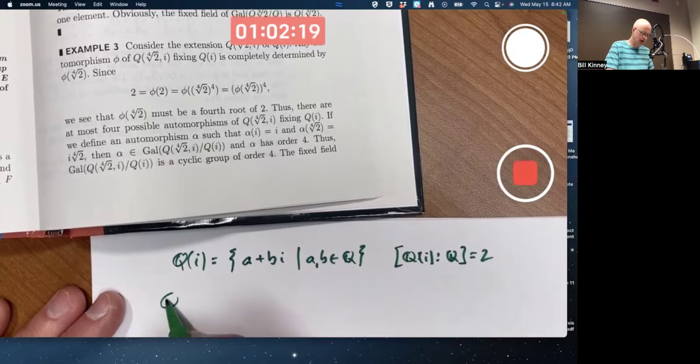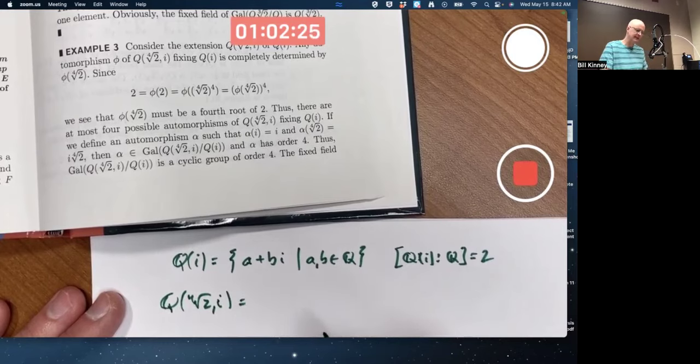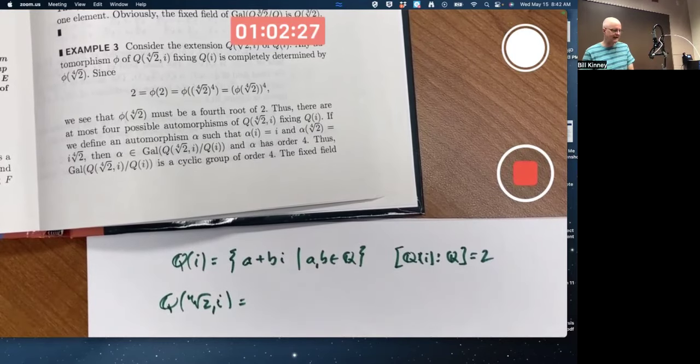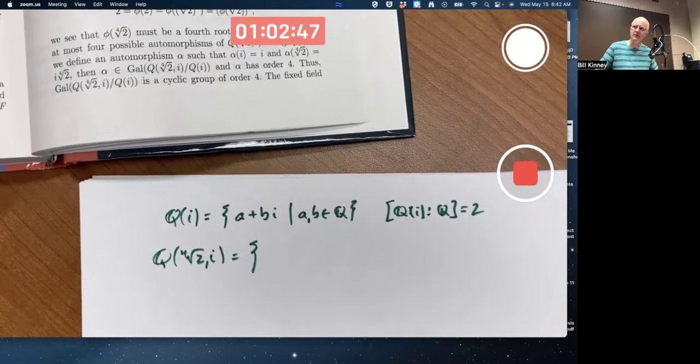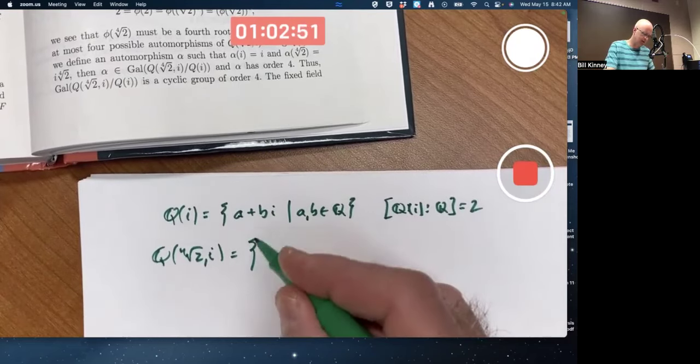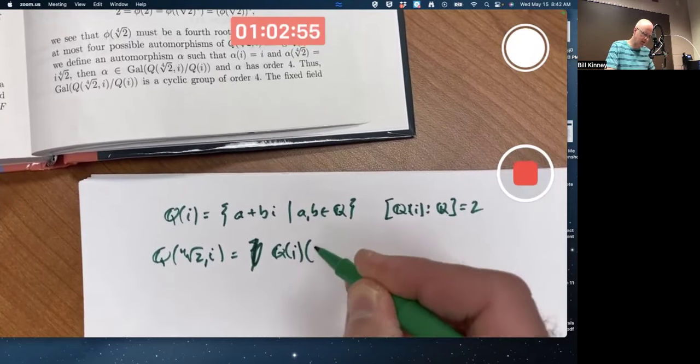Q adjoin 4th root of 2 adjoin i is yet a bigger field, because now we're adding in 4th root of 2, as well as other things. By the theory back in chapter 19, the new chapter 19, you could think of this as take Q of i and adjoin 4th root of 2.